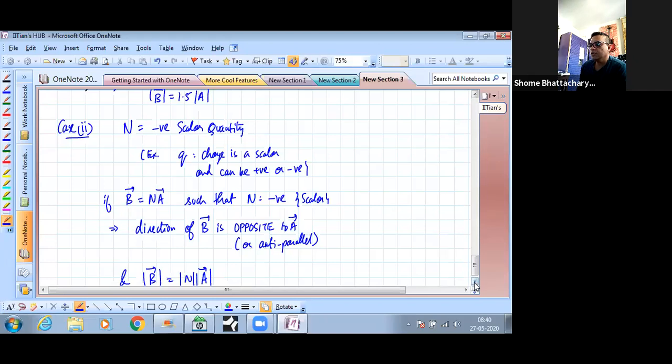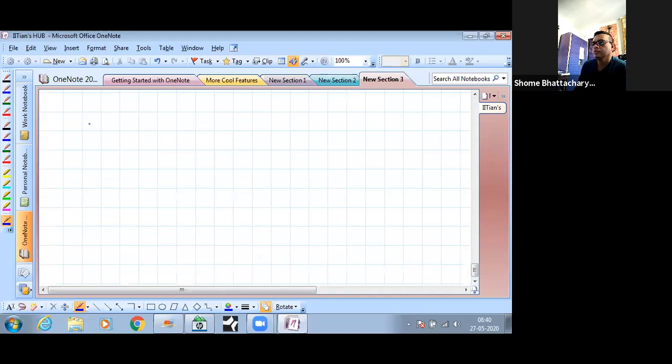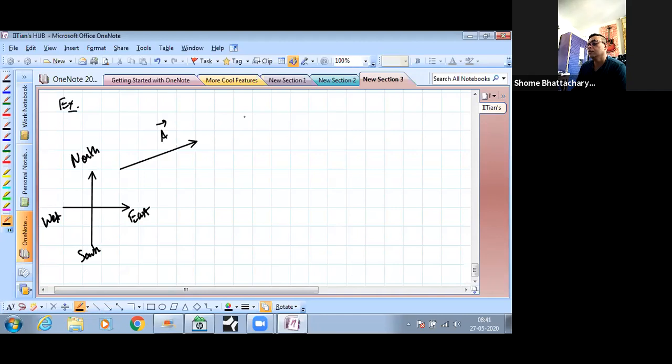Okay, so let's understand with an example. So given that vector E is a displacement of 50 kilometers at 30 degrees north of east.